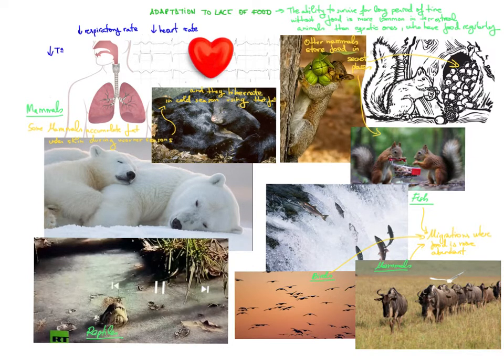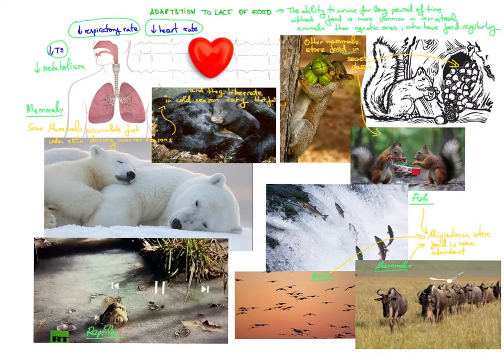The first adaptation to lack of food is this: a decrease in respiratory rate and a decrease in heart rate, leading to a decrease in temperature and a decrease in metabolism. So this animal can live more time with less food.